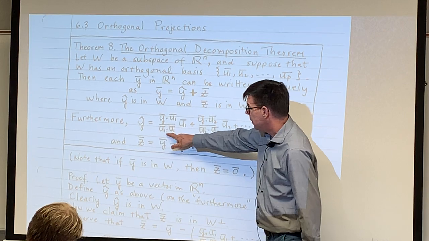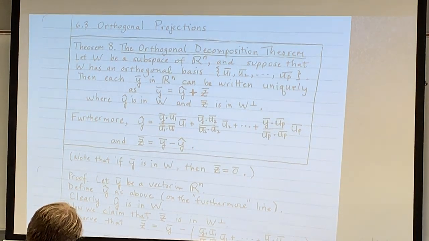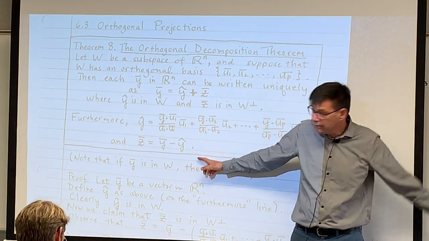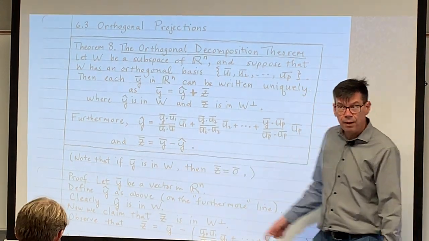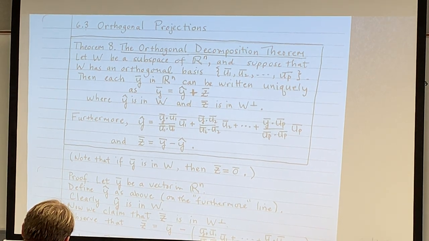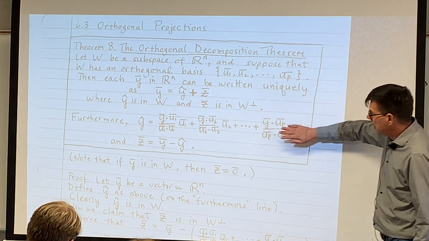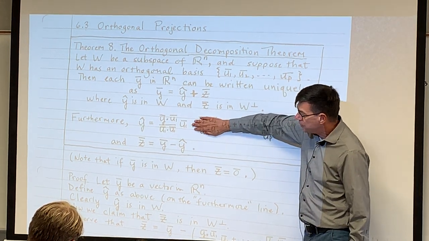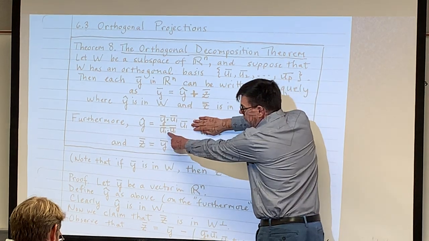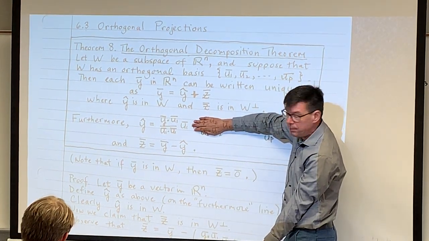And this is how you do it. This formula tells us exactly what y hat has to be. And then just like we did in the previous exercise, z is always going to fall out. We're always going to be able to compute z by taking y minus y hat. Now, you're like, oh my God. But if you cover everything up with the first term, that's what we just did in the previous exercise, because we were working with a one-dimensional subspace.